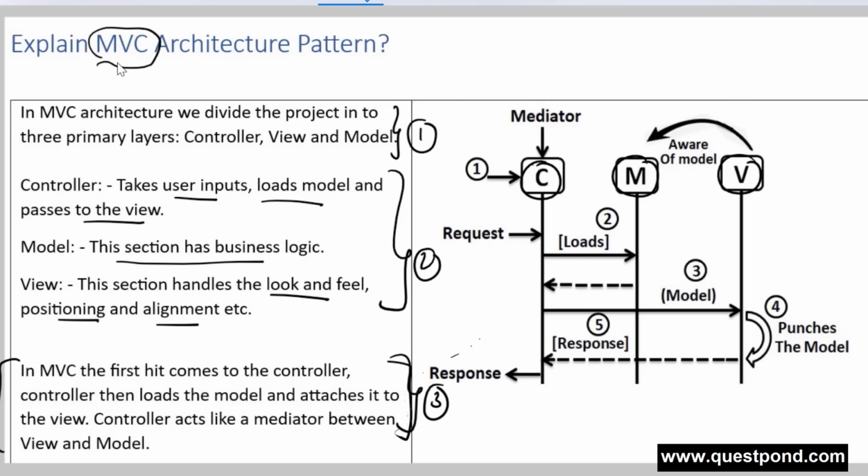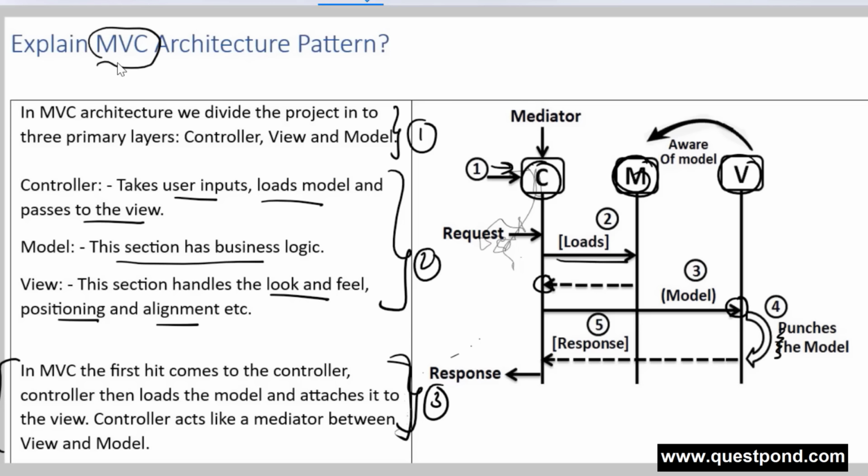If you look at the flow of MVC, the first thing which is hit is the controller. The controller takes the user request, and depending on the user request, it goes and loads the appropriate model. Once the model is loaded, it takes that model and invokes the appropriate view, and the view puts the model data into the UI.